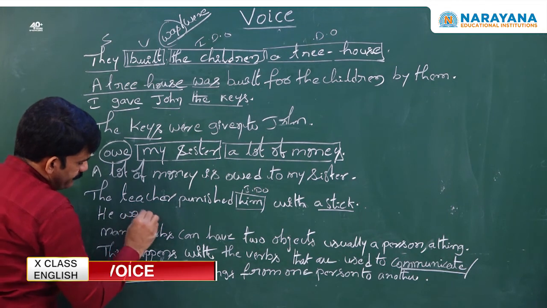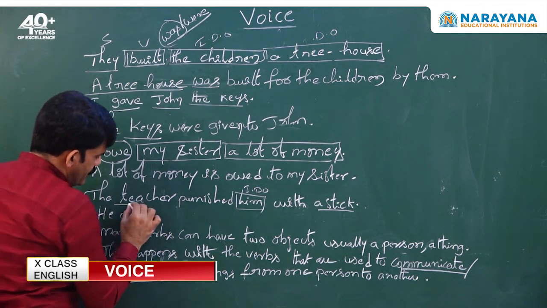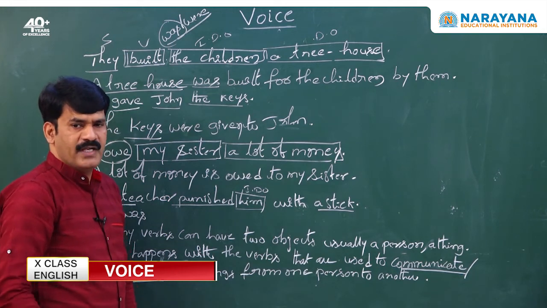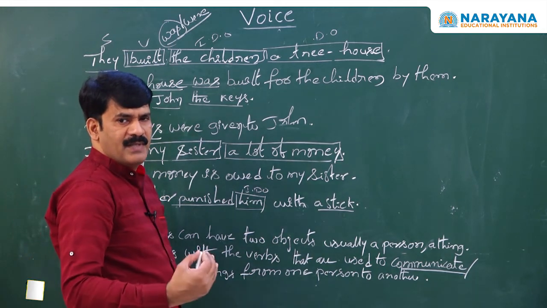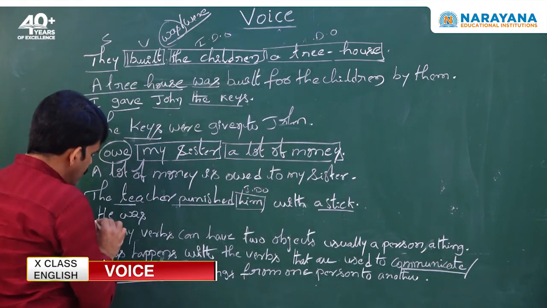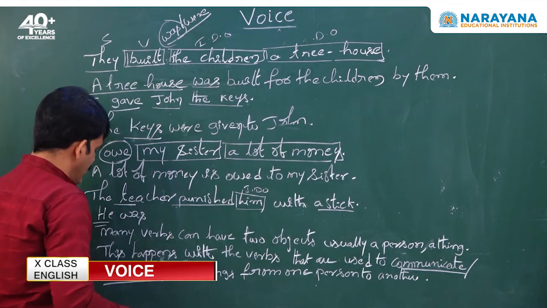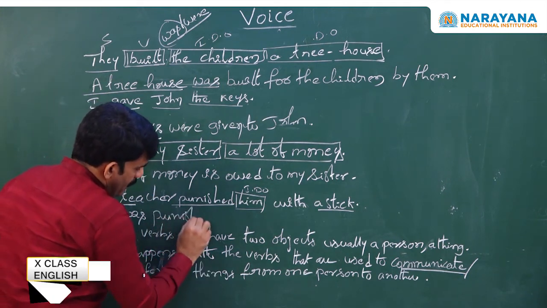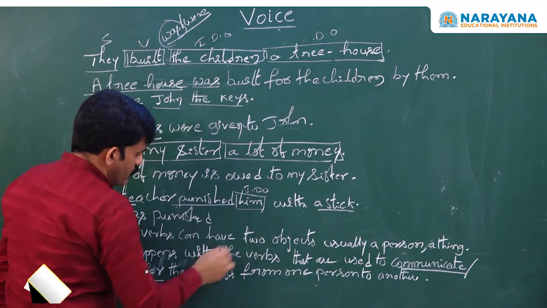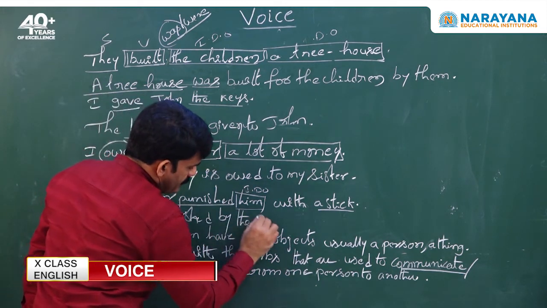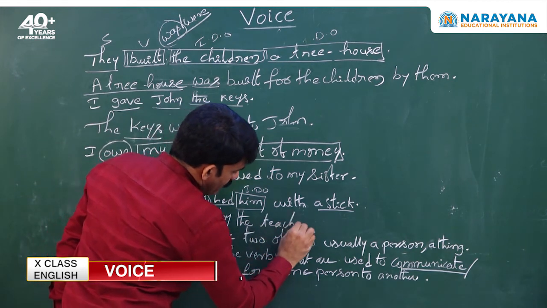He was. Why do I write was? Because punished. Punished is which form? Second form. That is simple past tense. Be forms are was and were. As he is third person singular, I am taking the be form was. He was punished. By whom? By the teacher. With what?